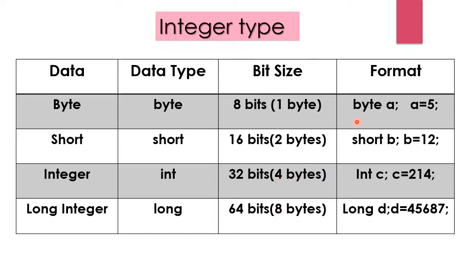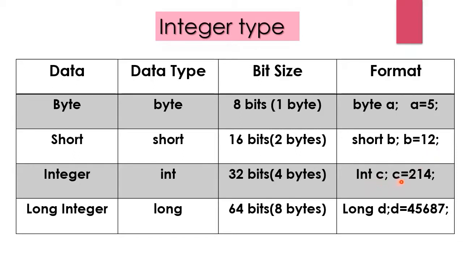Here there is an example. A variable a is declared of type byte, and a is assigned a value of 5. Next, short b is equal to 12, so b is assigned the value 12.